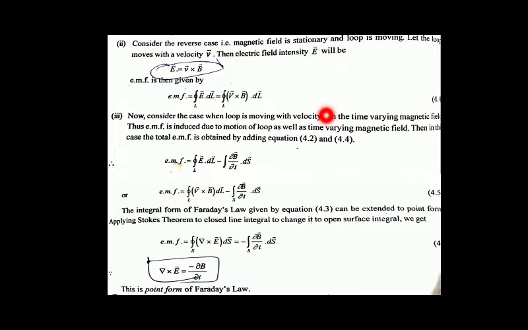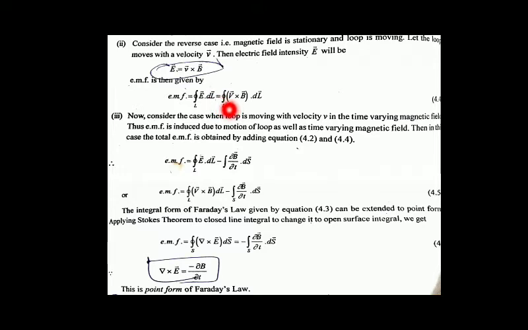Okay, next, the second situation. In this situation, the magnetic field is constant but the loop is moving. So the loop is moving with velocity v. So the electric field we can calculate is v cross B. So the electromotive force can be calculated as the line integration of the electric field.